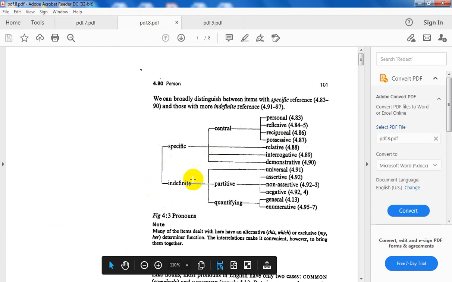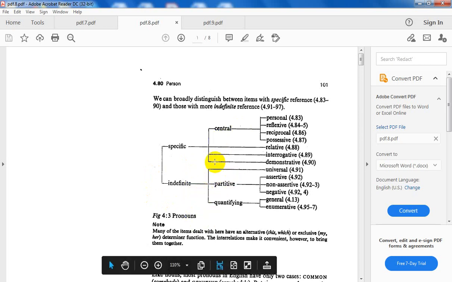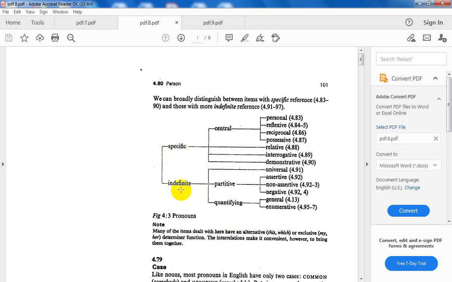This diagram shows the different classes of pronouns, which will all be discussed fully in following sections. Generally, pronouns are classified into specific and indefinite.